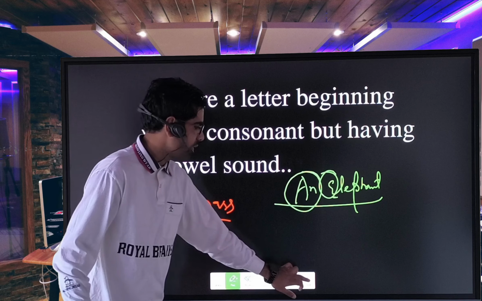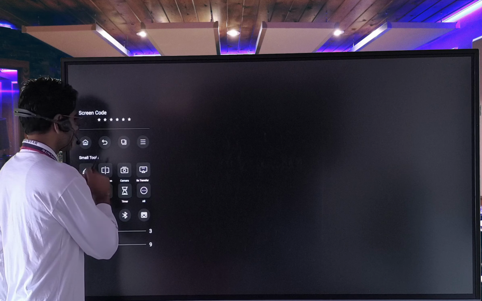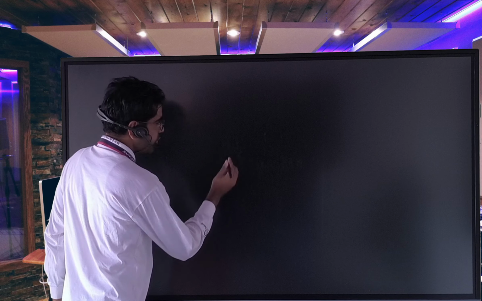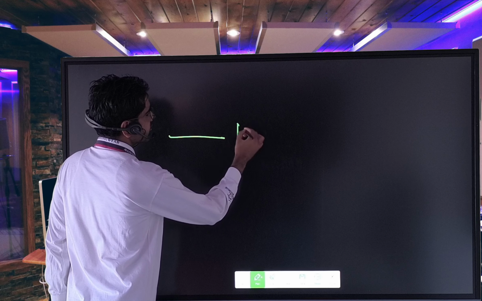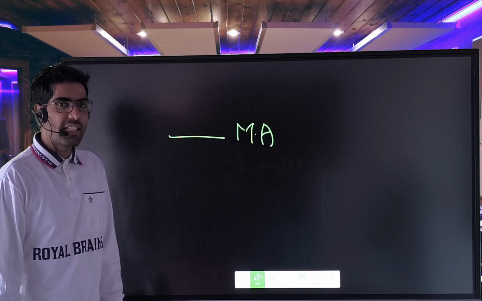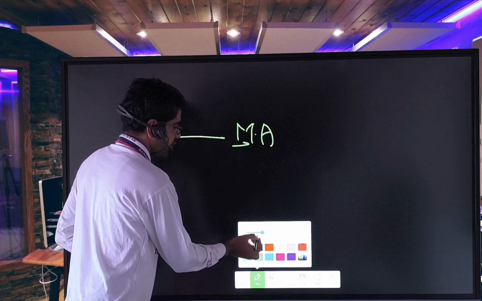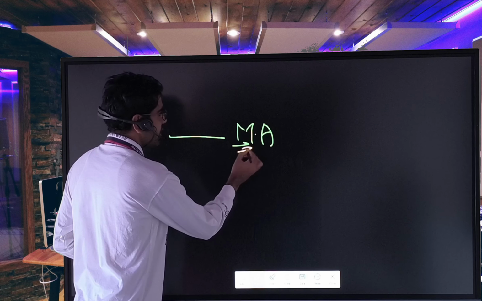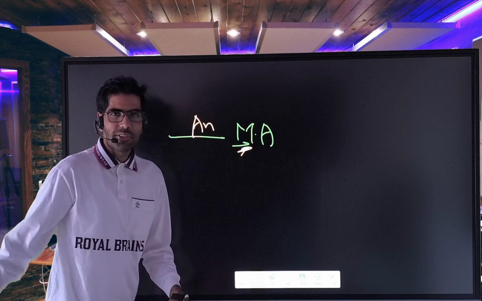One more example. What would you use here then? My friend is doing dash MA. Is M any vowel letter? No. Does M produce any vowel sound? Yes. So I use "an MA". Got it, dear student?